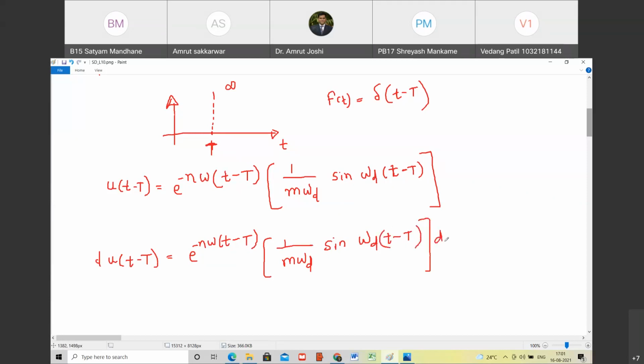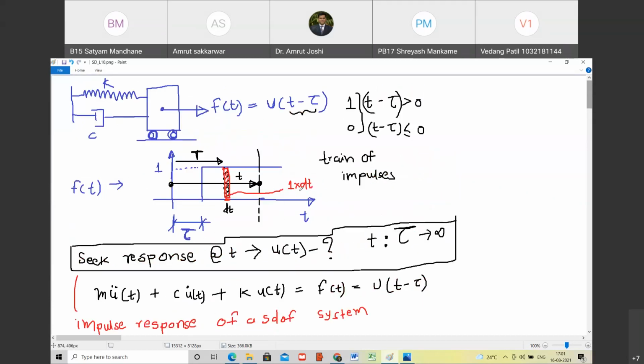What exactly is this, can you tell me? This is the response of the impulse dt which occurs at time capital T, and the response is calculated at time small t. Are you with me?